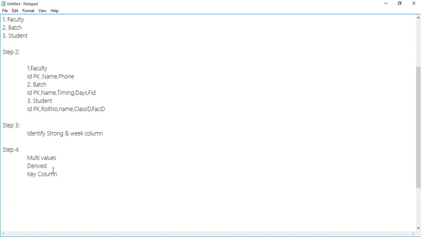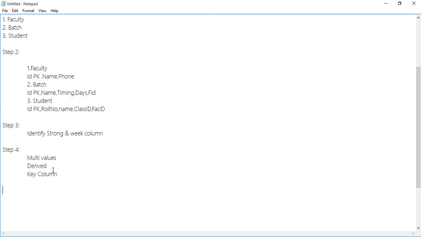So we have to distinguish what my key columns are and what my multi-valued columns are. What are multi-valued columns? Multi-valued columns are those columns that have multiple values. Let's say if a person has 2 phone numbers, then what can you do? First you have to distinguish where there are multiple values, there the multiple column should come.